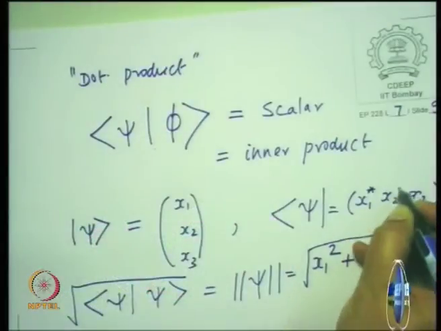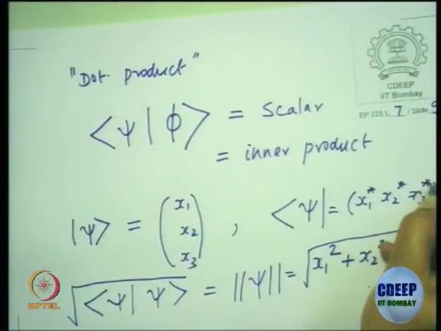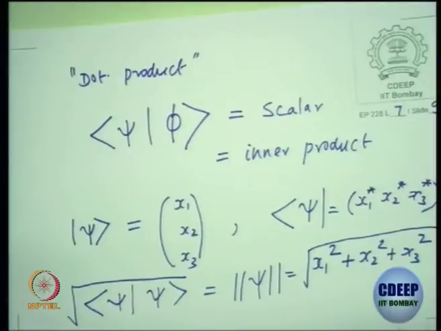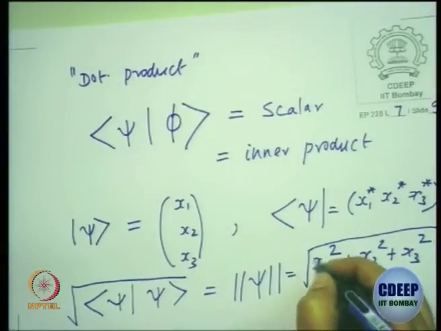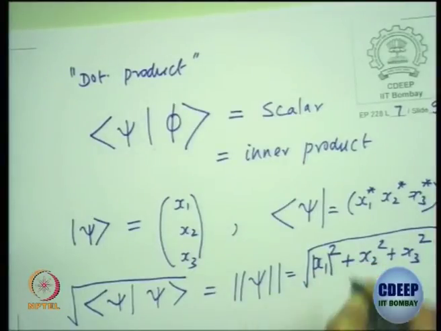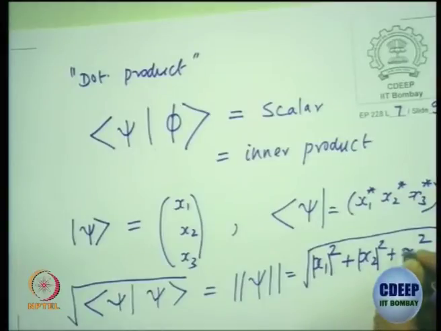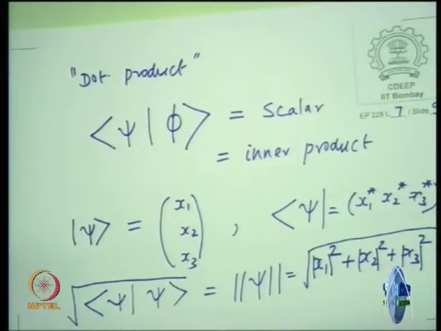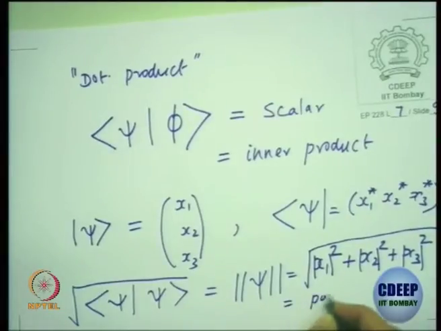So when I go to this dual space, in principle I should take the complex conjugate, correct? If I do that, then this one will be mod x1 squared, mod x2 squared and mod x3 squared. Then this will be positive.